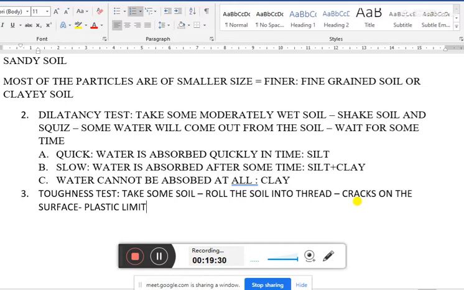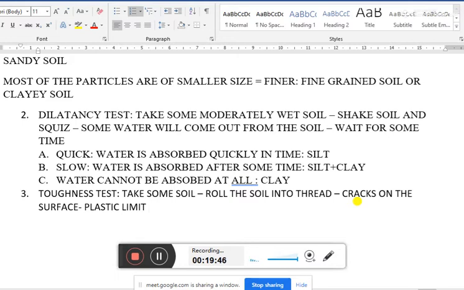This is actually the test of plastic limit. In the lab itself, you have the test of plastic limit, but this is the basic process of plastic limit. But for toughness test, you have to go forward from the plastic limit.